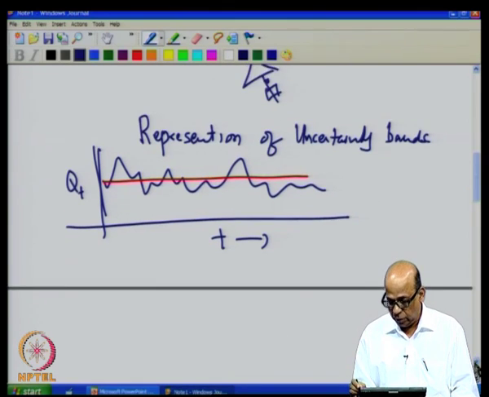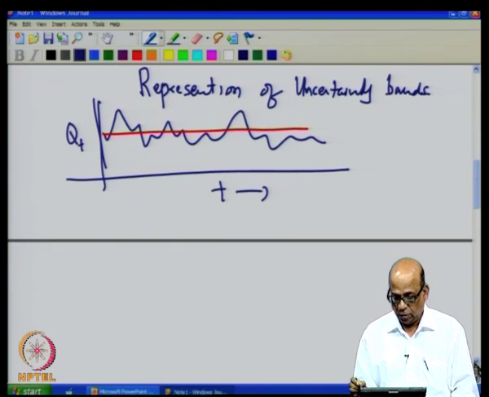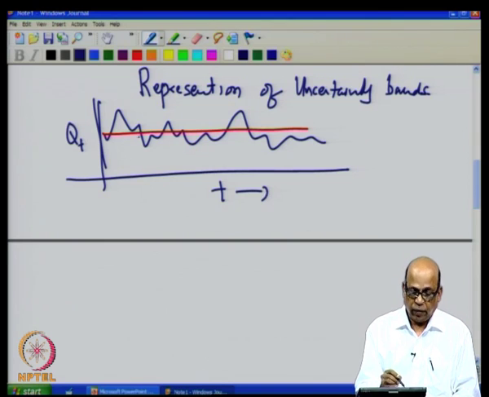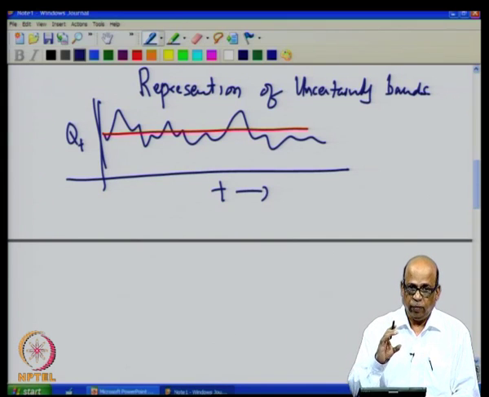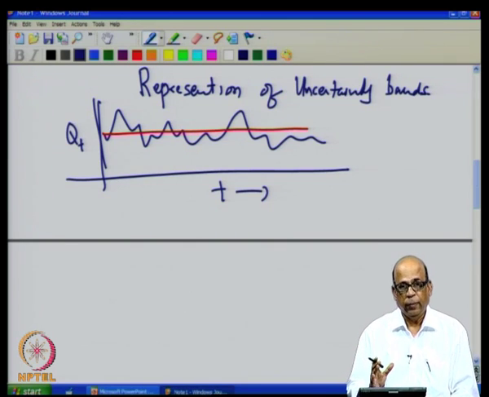Now, this particular time series or the data set has a certain minimum flow, it has a certain maximum flow and it has a certain mean flow, certain median, certain 25 percentile, certain 75 percentile and so on.